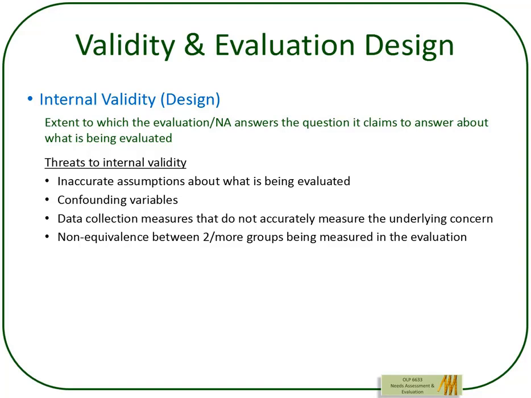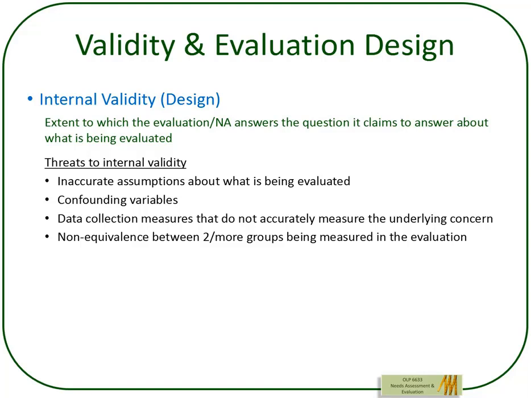And then finally, the fourth threat to internal validity that was mentioned in your book is non-equivalence between two or more groups that are being measured in the evaluation. So let's say, for example, I used a design where one group I measured their ability to be effective coaches, and another group I sent through a coaching class and then measured their ability to be effective coaches. So what was different is that one group went through a coaching class.